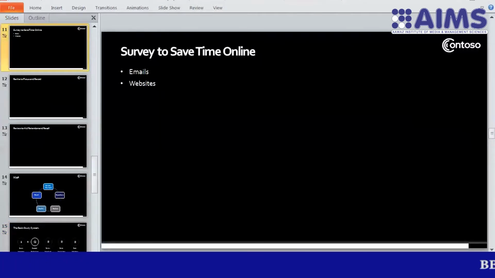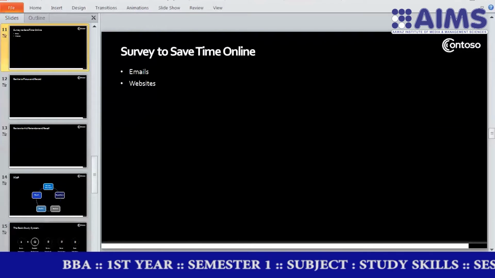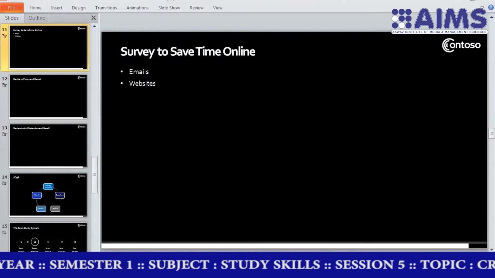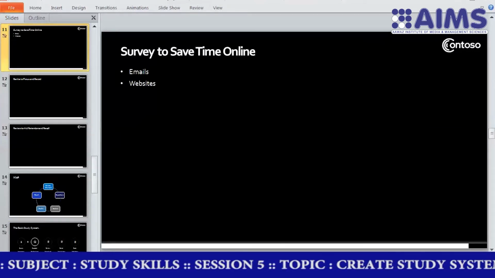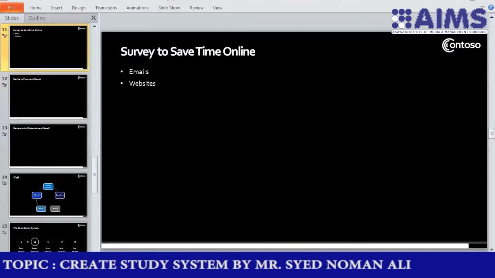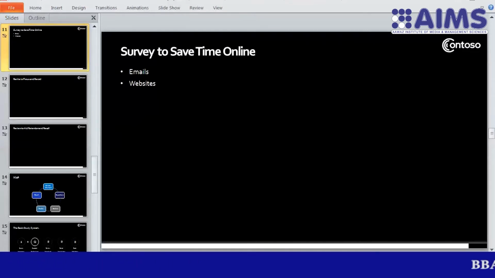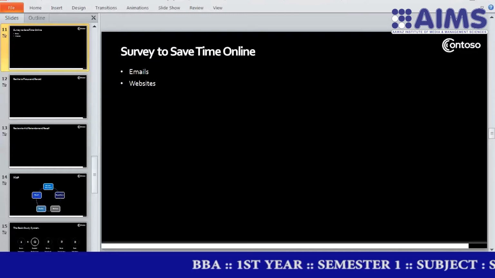If you like to survey from ebooks, from PDFs, and from internet sources, so many means are there in the contemporary world. Through email, through Google Drive, through Google Classroom, if the teacher created classroom material, you can go through it, and different website sources are also available.